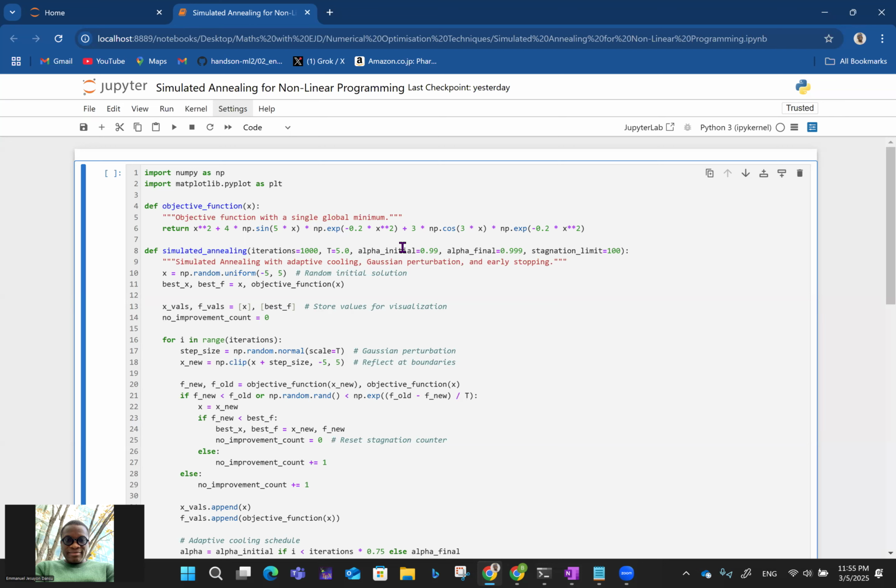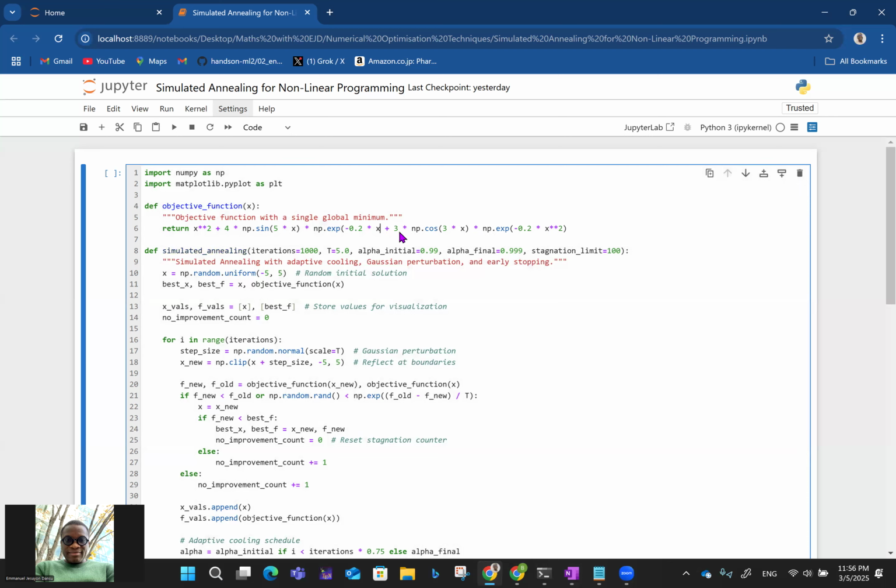I think this question looks a bit different, so let me just conform it with this. So x squared plus 4 sine 5x, we do not have this part. And then we have 3 cos 3x, and we do not have the other part also. So that's the function we have.